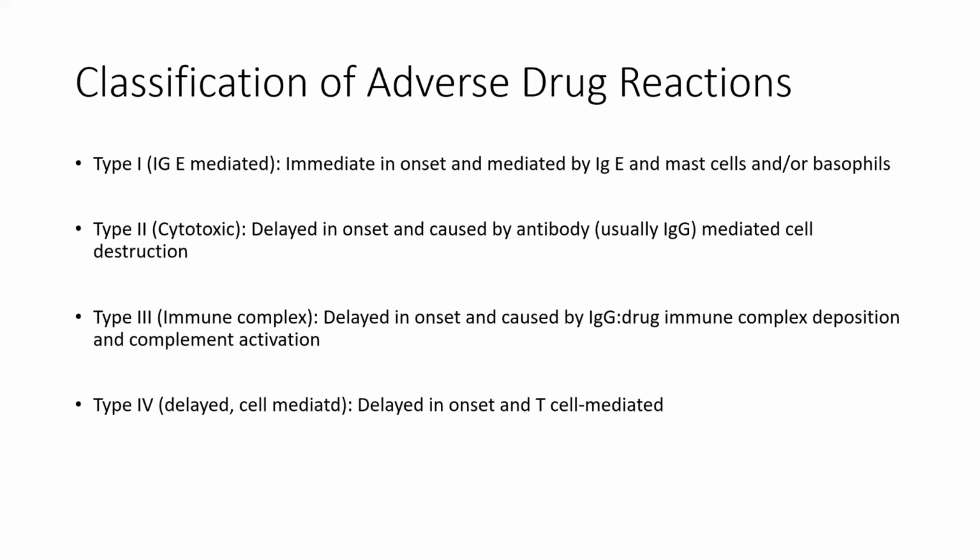Type 2 is cytotoxic; this is generally rare, delayed in onset, and caused by antibody, usually IgG-mediated cell destruction. Type 3 is immune complex, which is delayed in onset and caused by IgG drug immune complex deposition and complement activation. Type 4 is delayed cell mediated, and that is delayed in onset as well.